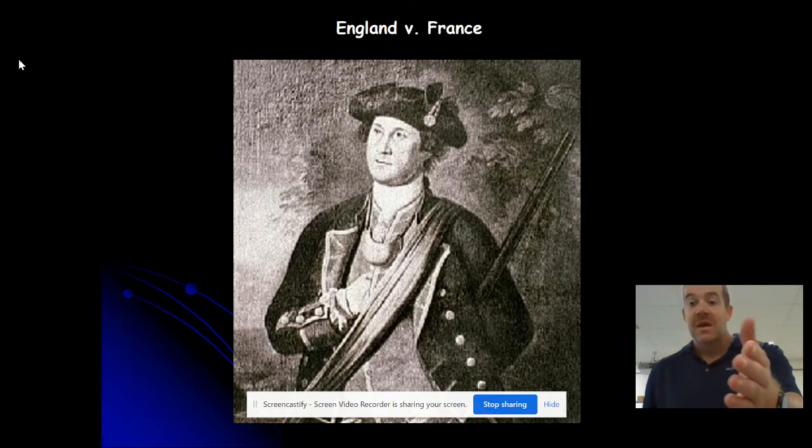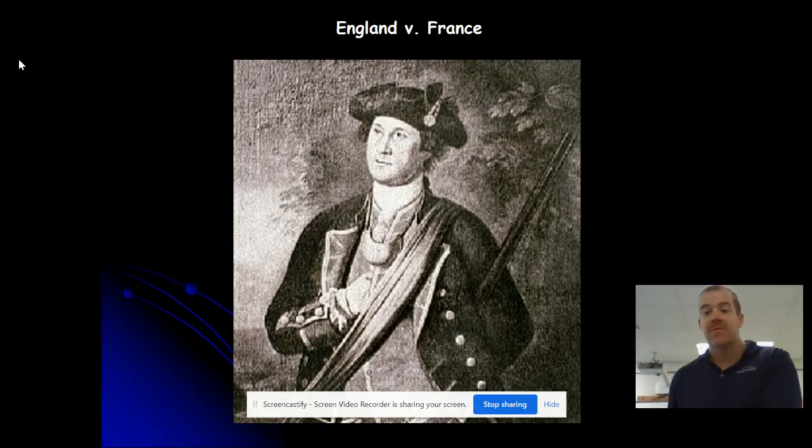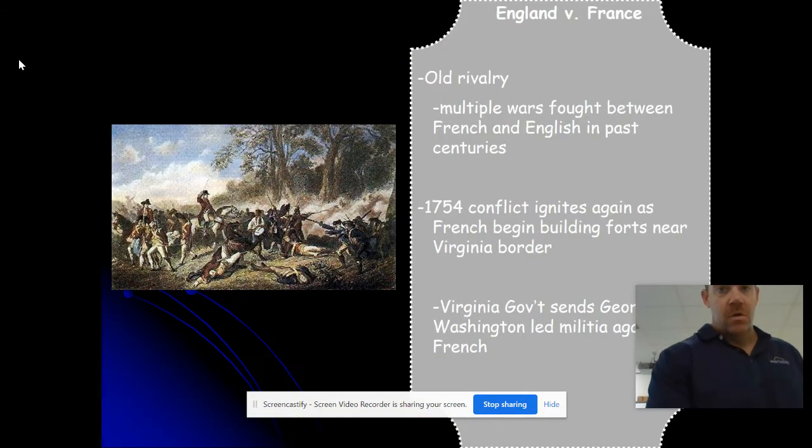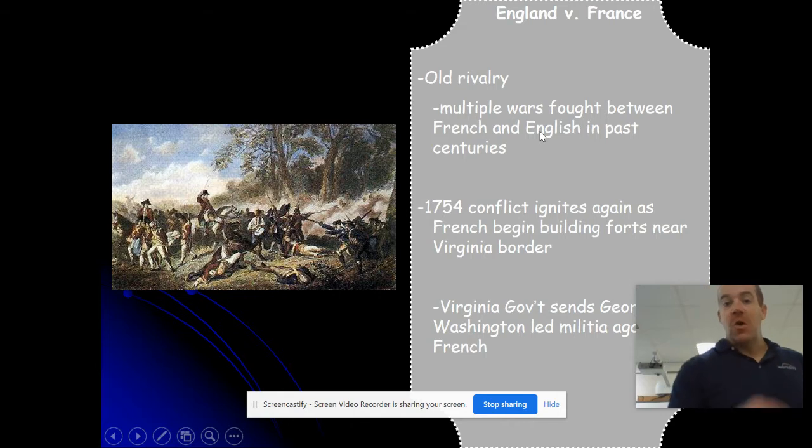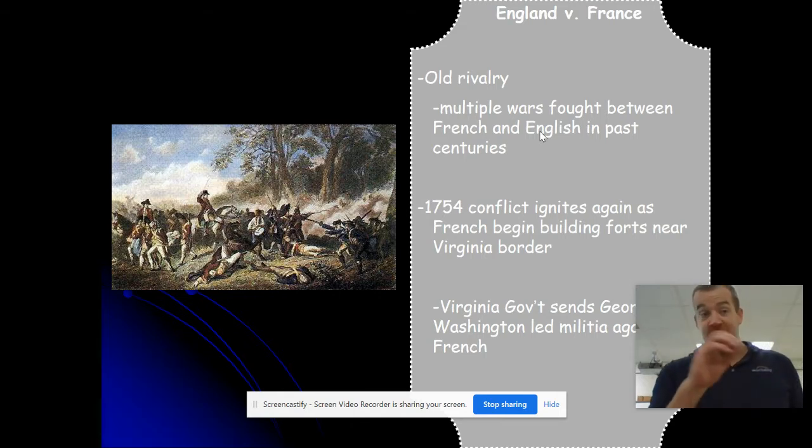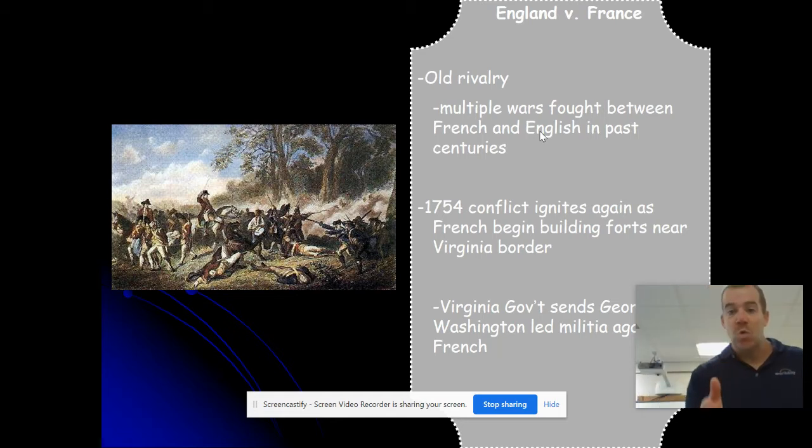So he participated in the French and Indian War on the side of the British. Again, there was an old rivalry between the two preeminent empires in Europe. I mean, the Spanish were there too, but they were constantly warring with each other.